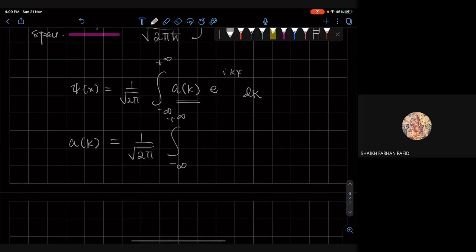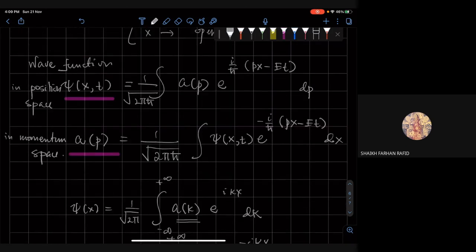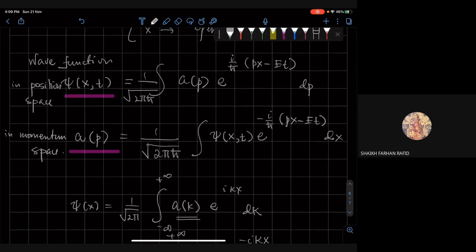Why was it? So one is the coefficient in front of the function, and another is the function itself. Exactly. So now these are the Fourier transform of each other. But when we come to physics, there is time dependence, and the time dependence of the wave function is given by this factor.